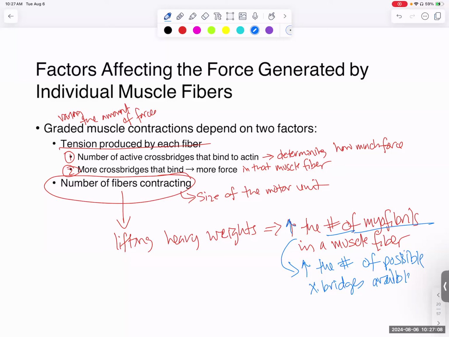And if you increase the number of cross bridges available, now you've increased the amount of force possible in that muscle fiber. So that's why lifting heavy weights, your muscles look bigger because you have more myofibrils. More myofibrils mean more actin and myosin, which means more cross bridges, which means you could produce more force.